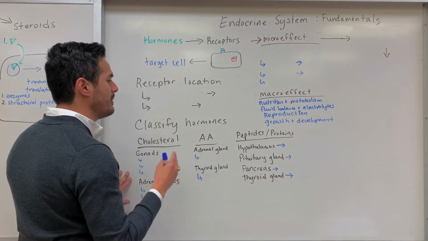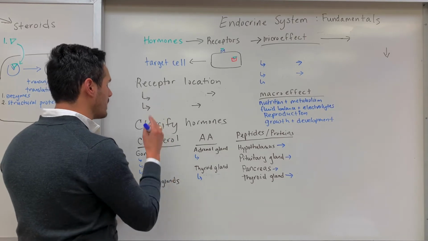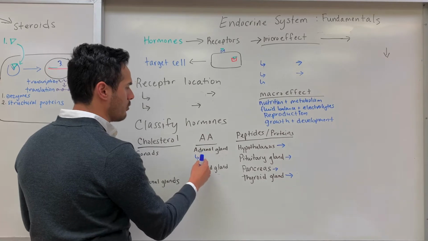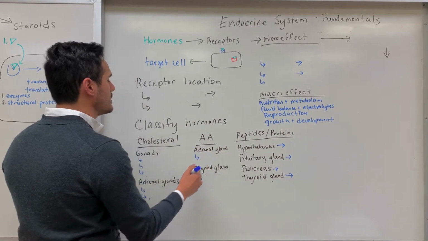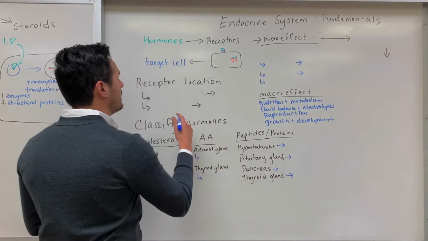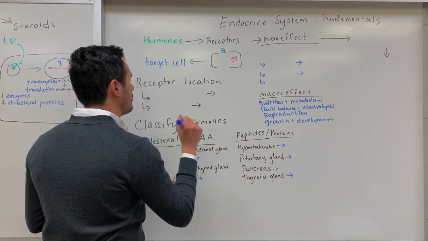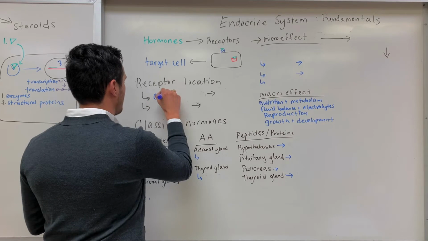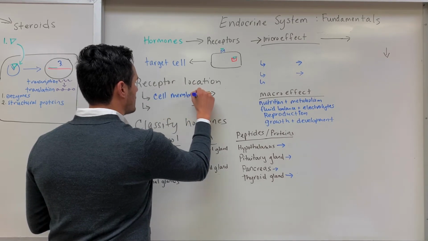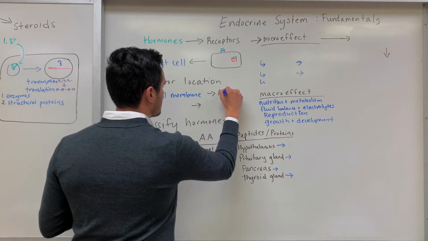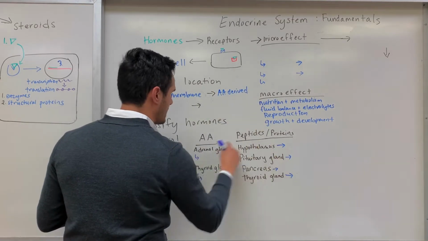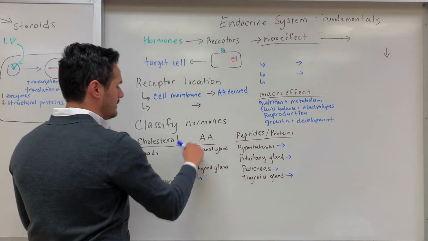There are two main types of hormones: cholesterol-derived hormones and amino acid-derived hormones. For the hormones derived from amino acids, the receptor location is found within the cell membrane. This is for amino acid derived, which includes peptides, proteins, and even amino acids.